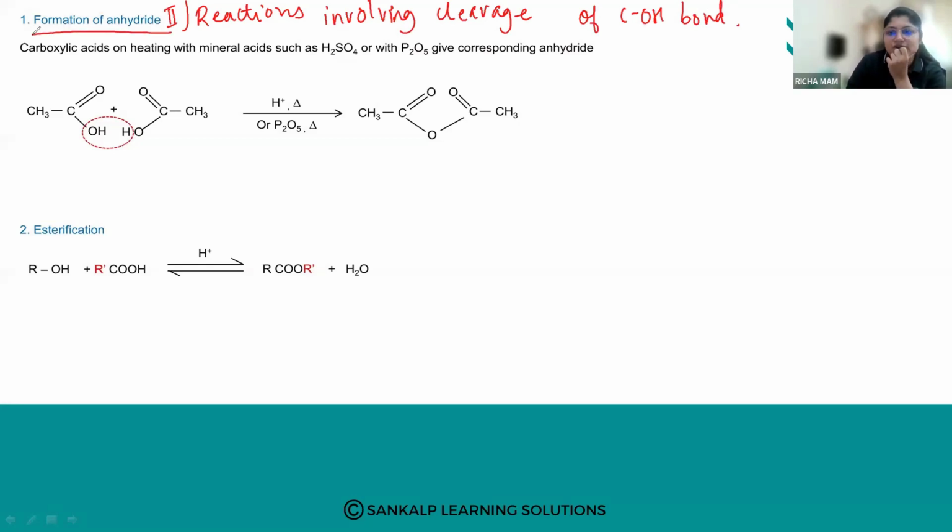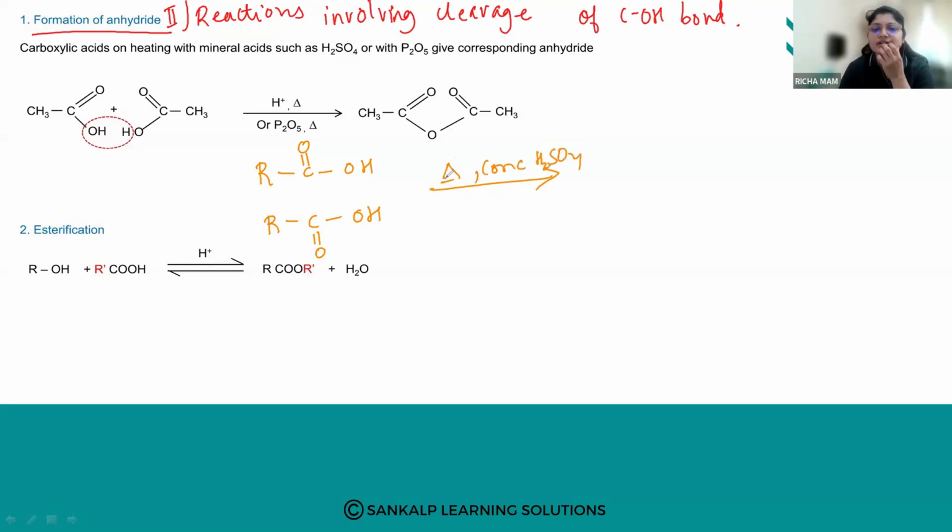So how do we form these anhydrides? Suppose I take a general reaction. I have 2 moles of acetic acid. What am I going to do? I am going to heat them in concentrated H2SO4.